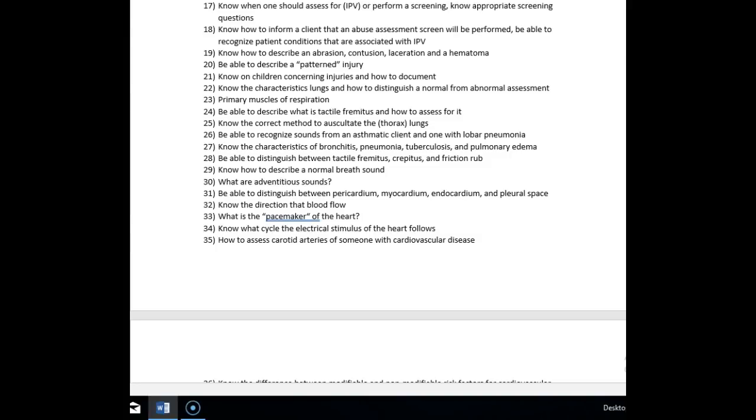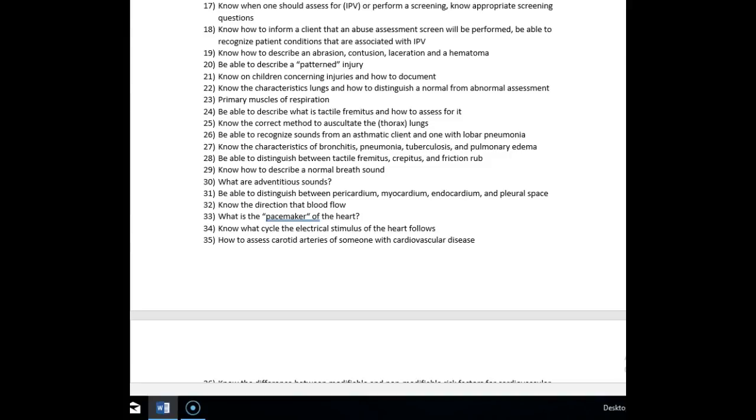So that's what you need to know about how the lungs actually look. As far as what type of things are normal, I think we talked about that during Jeopardy. Normal lung sounds, because when we do our assessments, we want a symmetric chest, right?